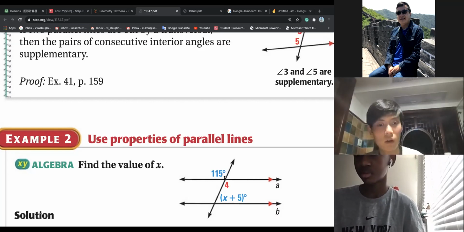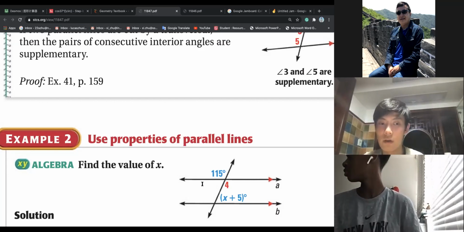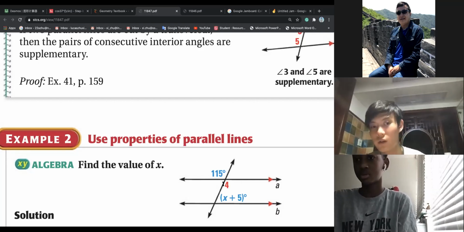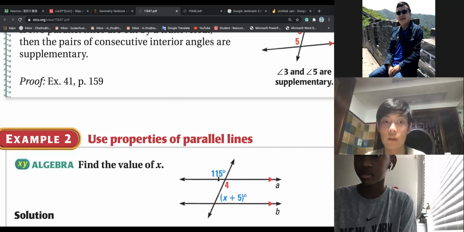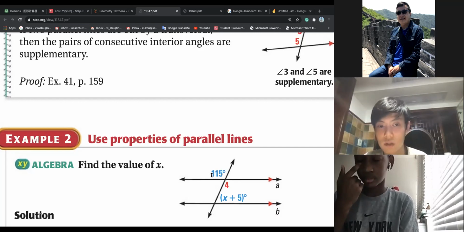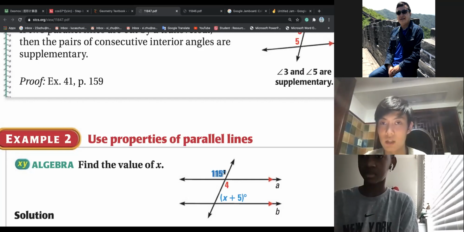But remember, there's a theorem that if two lines intersect, they create 4 angles. The opposite angles, like if we say this angle and this angle, are always congruent.